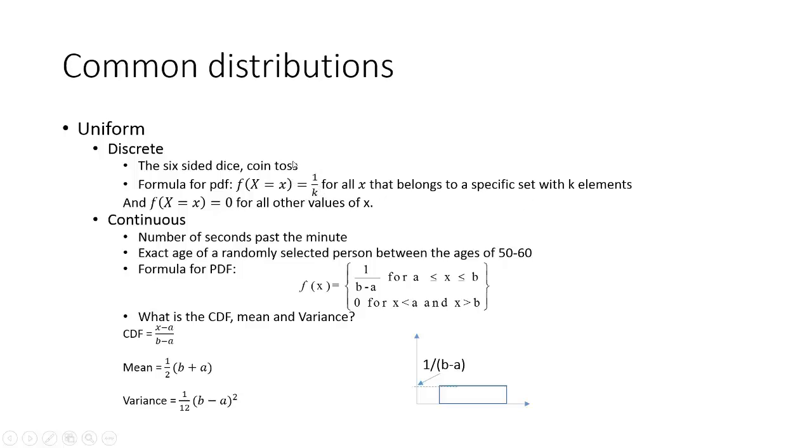If it's a coin toss with just 2 possible outcomes, it's going to be 1 by 2. And the idea is that for each of those k possibilities, it's 1 by k, and for the rest of the universe, it's 0. So the probability of getting a 7 when you roll a single 6-sided dice is 0. So you cannot get 7, and you cannot get minus 45 either. So that's what this formula says.